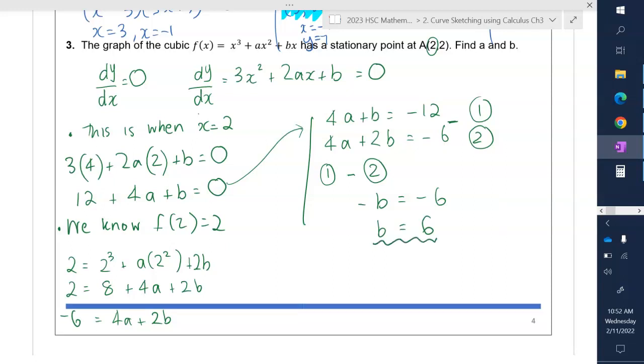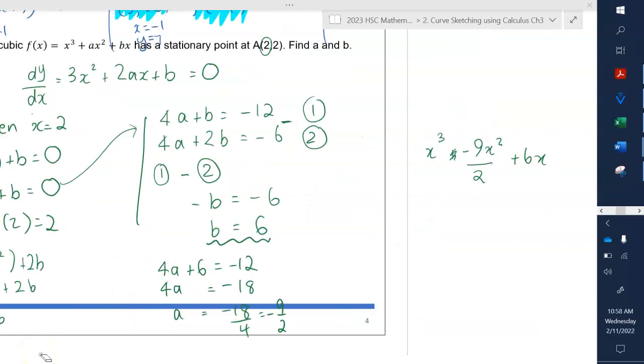Now if we substitute that b back into either one of these equations, I might just pick that first one. 4a plus 6 equals minus 12. 4a equals minus 12 minus 6, which is minus 18. a is going to be equal to minus 18 over 4. Okay, so there are our solutions. We've found a and we've found b.